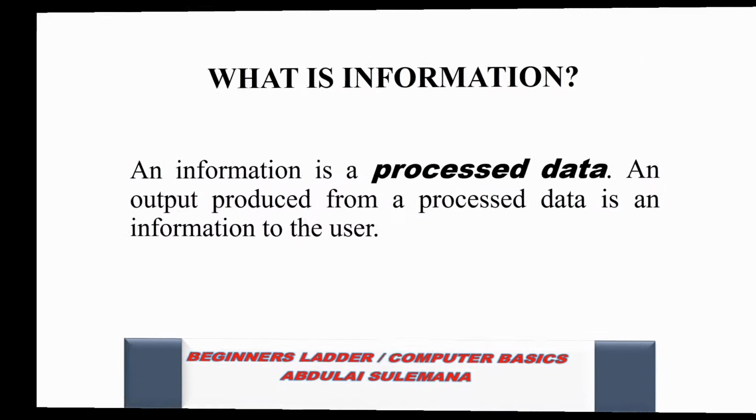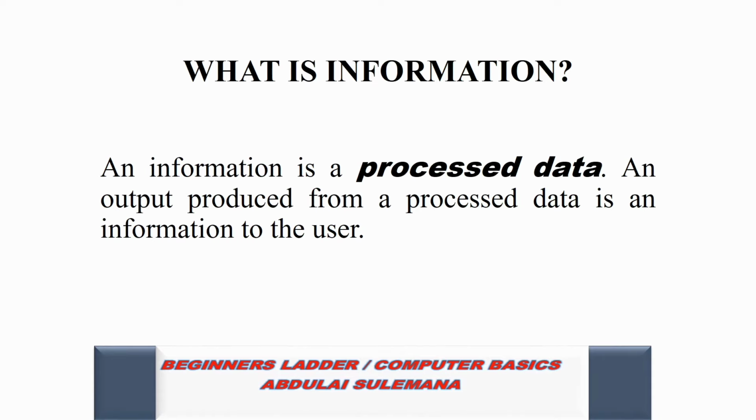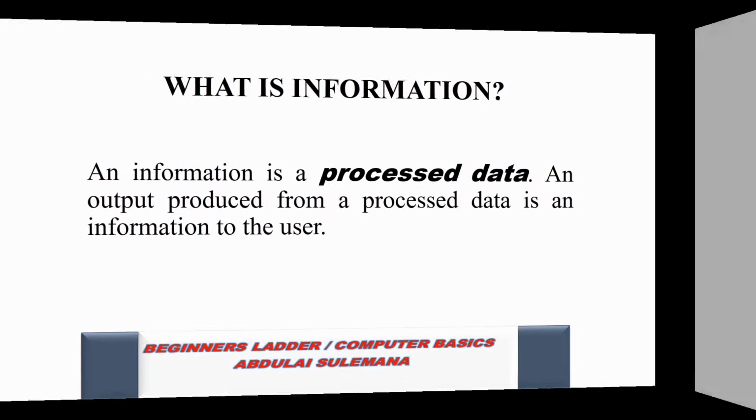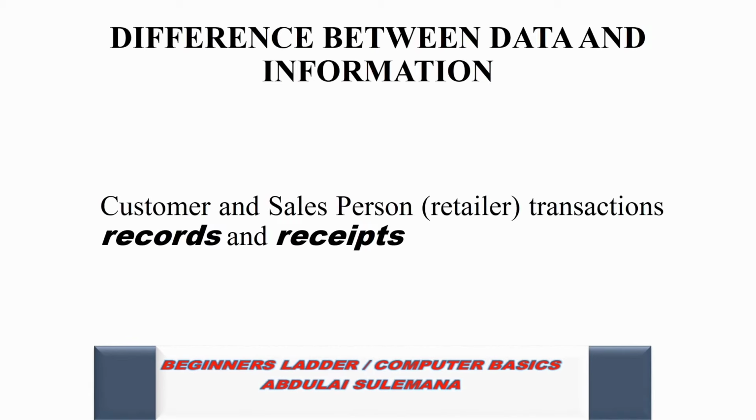Information is basically processed data. An output produced from processed data is information to the user. So let me add another example, and that one will help us to differentiate data and information. Think of a customer and a salesperson.